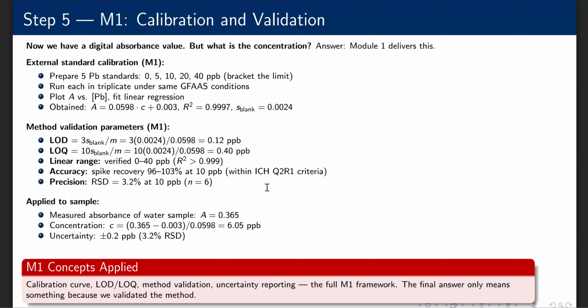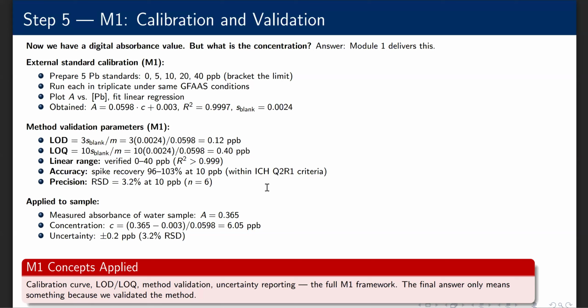Our method validation parameters are also from module 1. Our limit of detection is 3 times 0.0024 divided by 0.0598, which is 0.12 ppb. Our limit of quantitation is 0.40 ppb. Our linear range is verified up to 40 ppb because we have our calibration. Accuracy is checked by spike recovery, and so is precision.